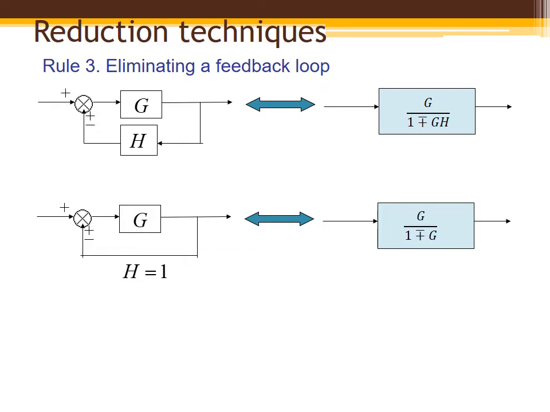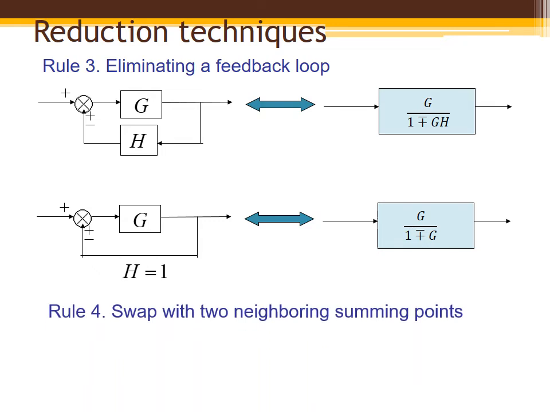If feedback is positive, then in the equation it is 1 minus G into H. If the feedback is negative, then in the equation it is G upon 1 plus G into H. Similarly, if the H block is missing, then we consider the gain of that path, that is H equal to 1, and we can represent the whole system as one block, G upon 1 plus or minus G.